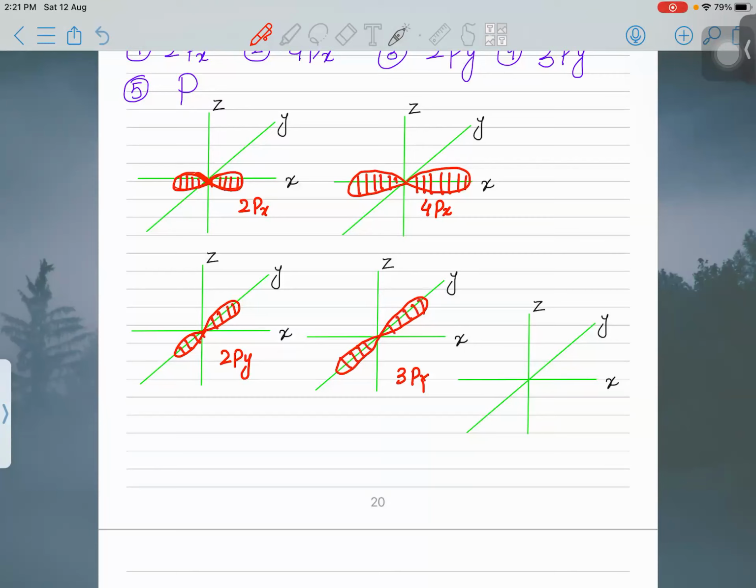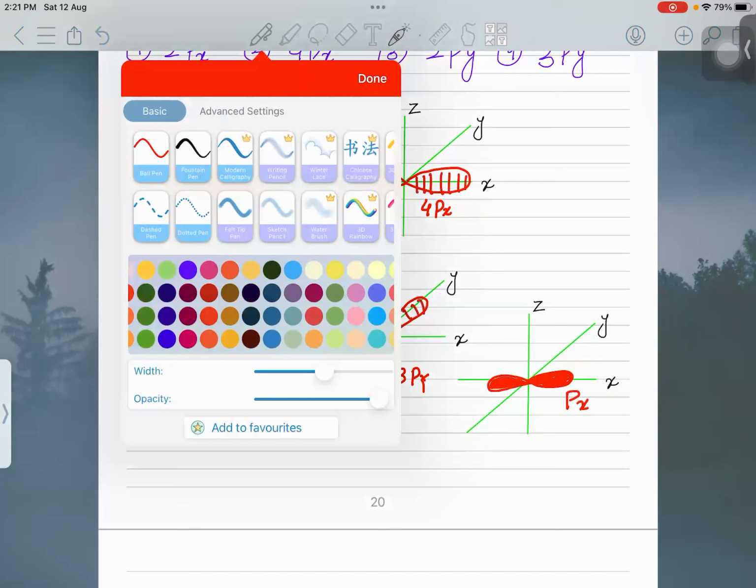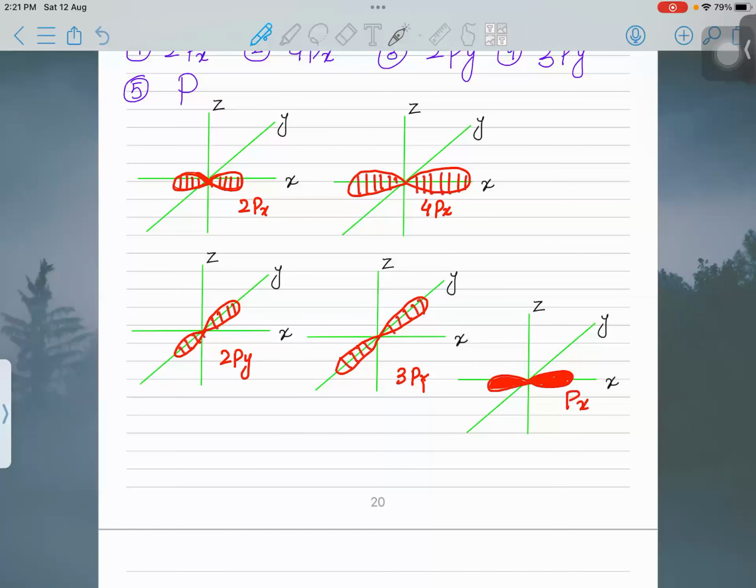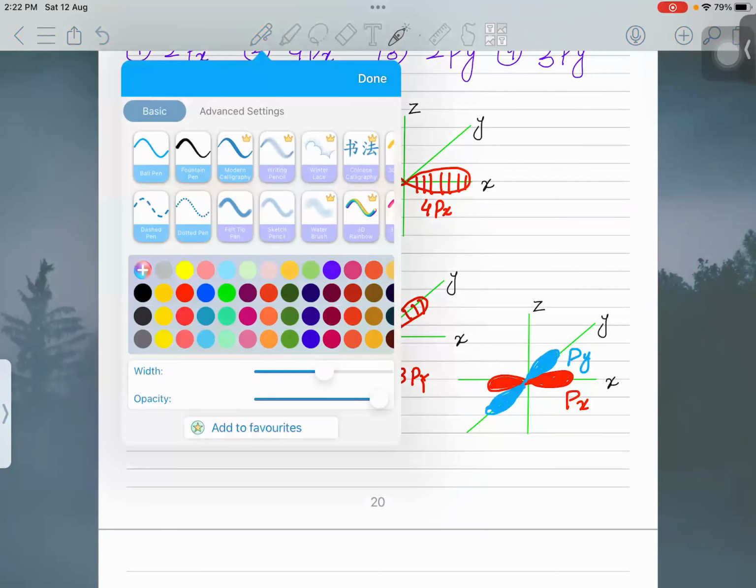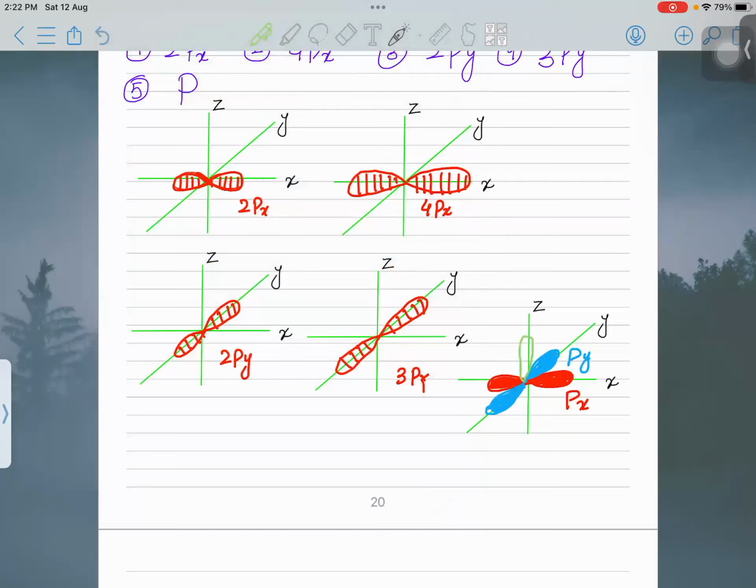The last one is 5p orbital. A p orbital means you have to draw px, py and pz. This is px, this is py, this is pz.